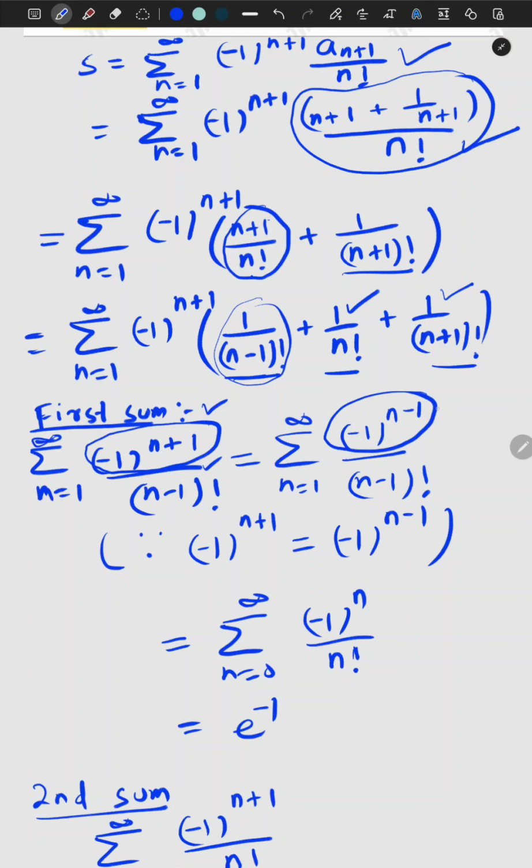One student also asked why we do this. We want to make these terms the same: the exponent and the factorial should both match, and only then can we apply a formula.